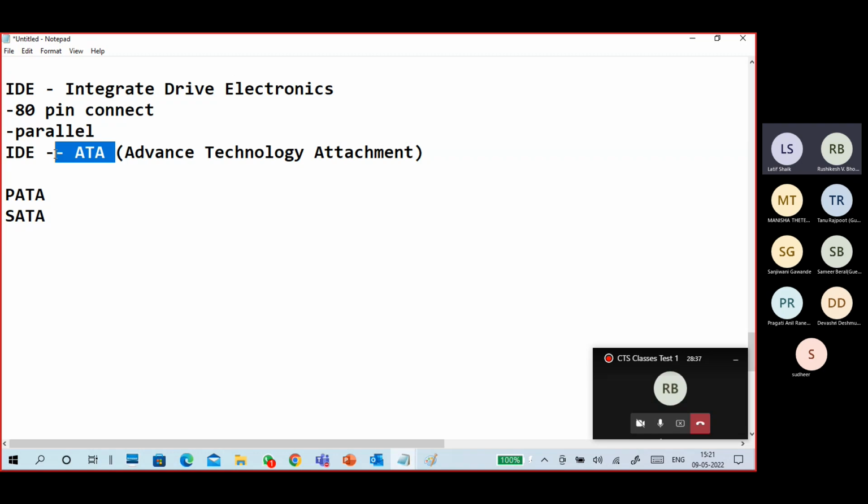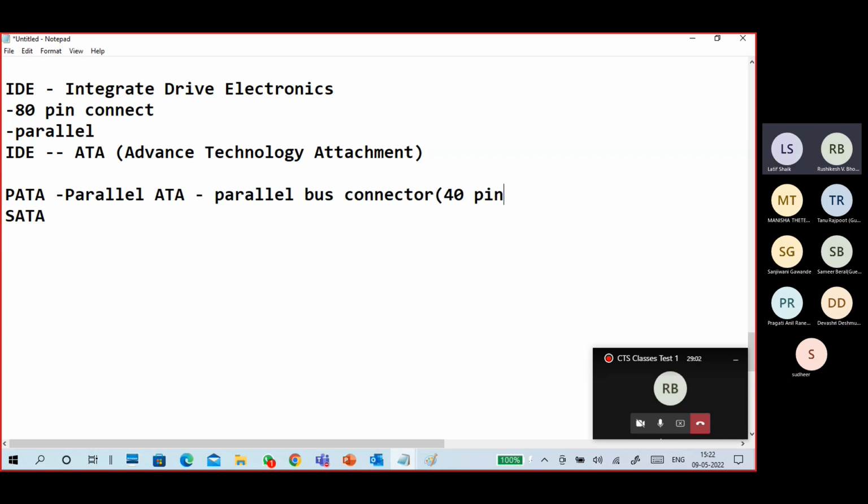The new technology we call ATA. And the first ATA is PATA, the Parallel Advanced Technology Attachment. We use a parallel bus connector, which is a 40-pin connector.